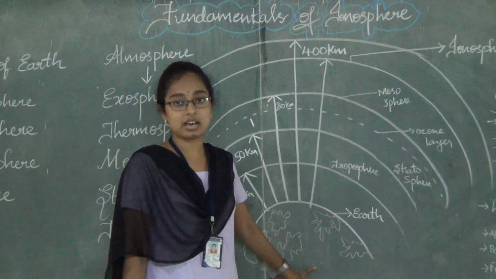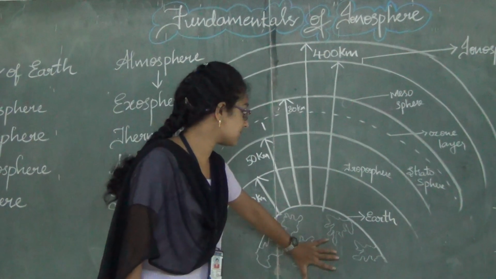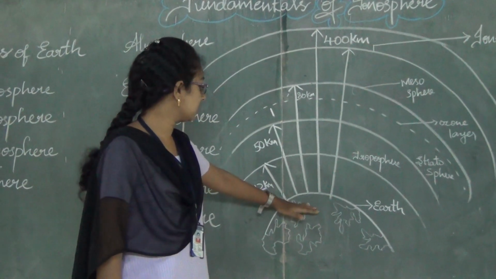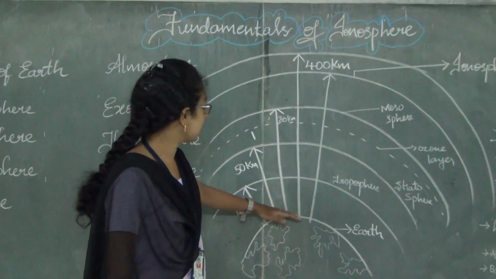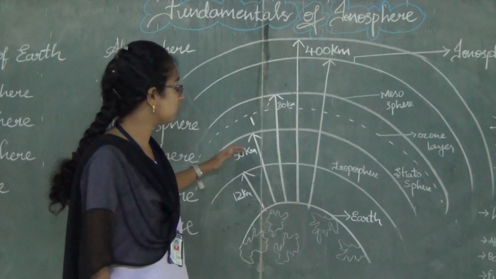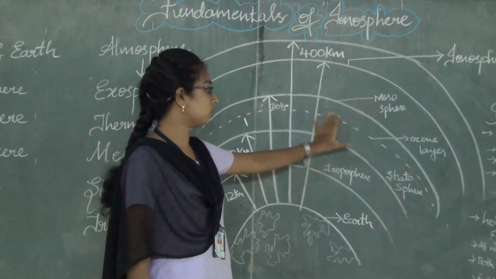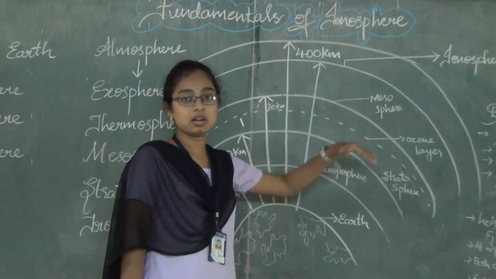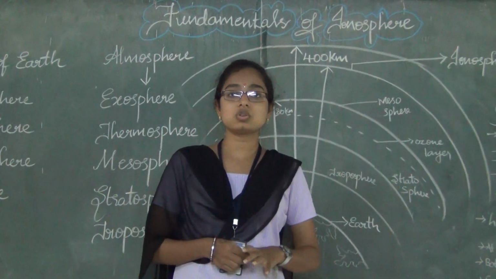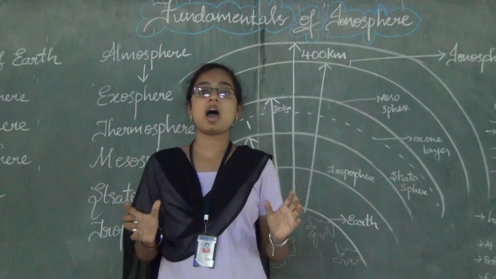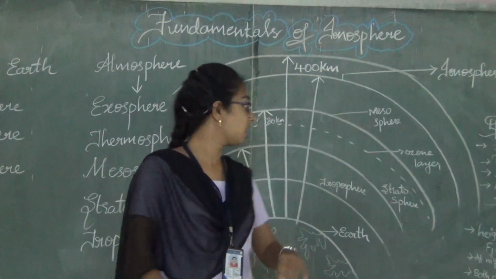As we can see in this diagram, if we consider this as the earth, the troposphere is at a distance of 12 kilometers, the stratosphere is at a distance of 50 kilometers, and above the stratosphere there is an ozone layer. As we all know, the ozone layer protects us from the harmful radiations from the sun.